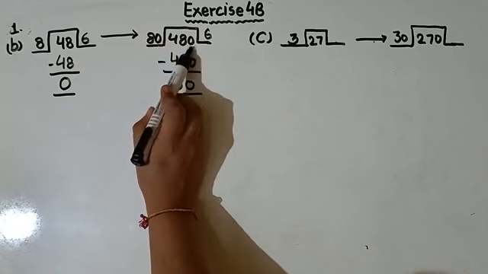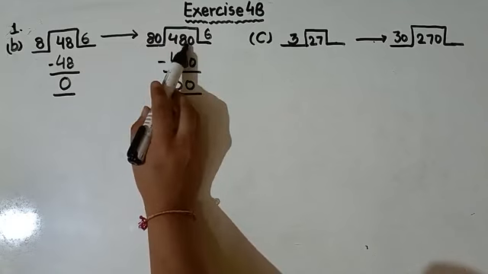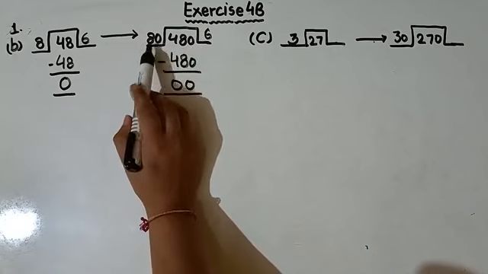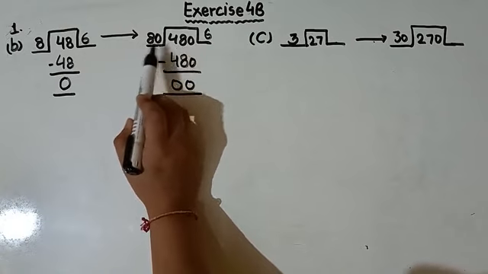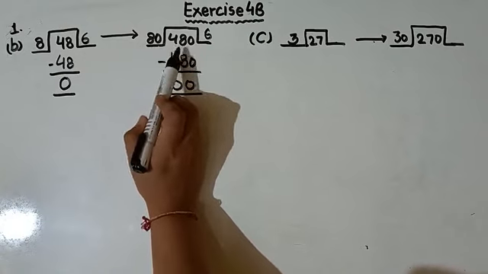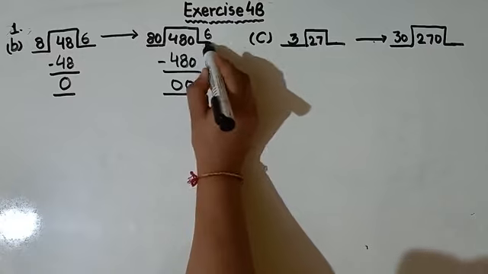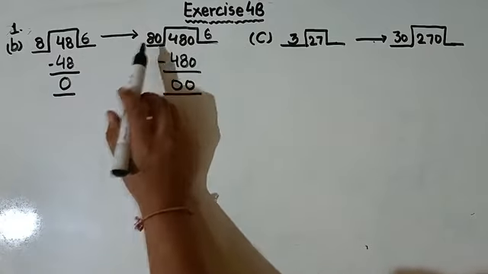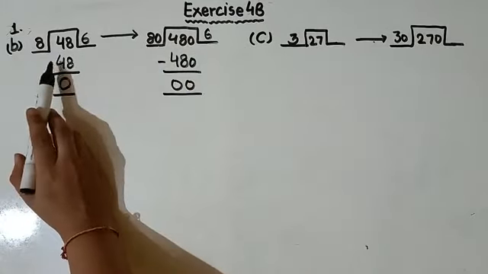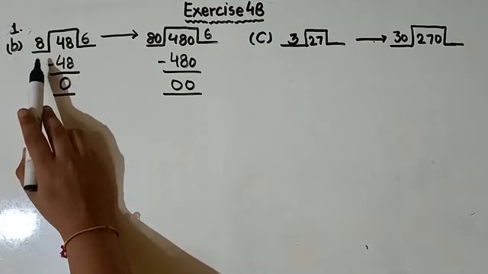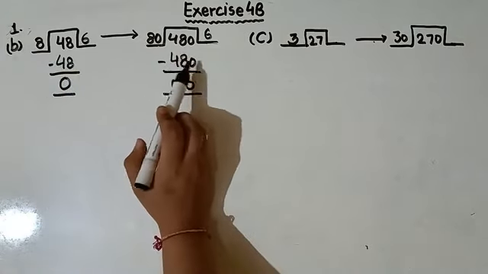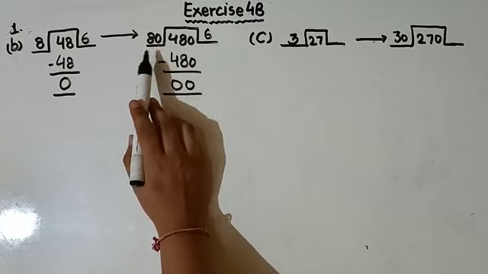Here we have 0 and here we have 0. If we ignore this 0 for a while, we will get 8 and here 48. So in the table of 8, 48 comes 6 times. Is that clear? So, if 48 comes 6 times in the table of 8, then 480 will come 6 times in the table of 80.